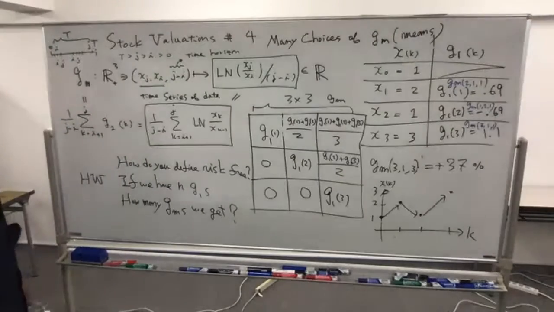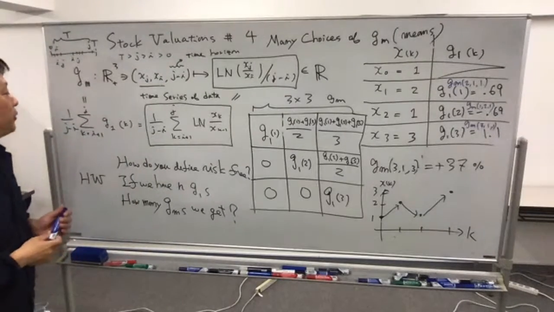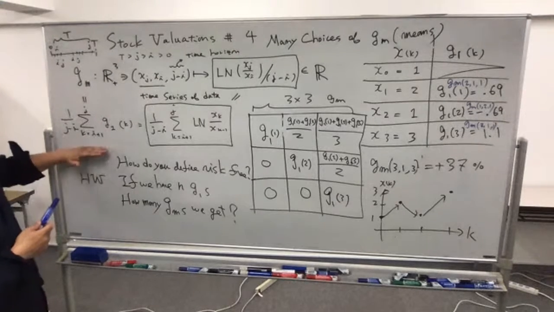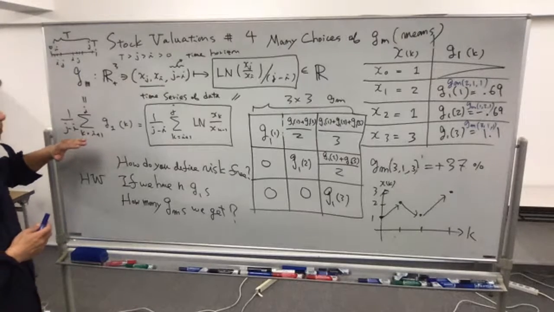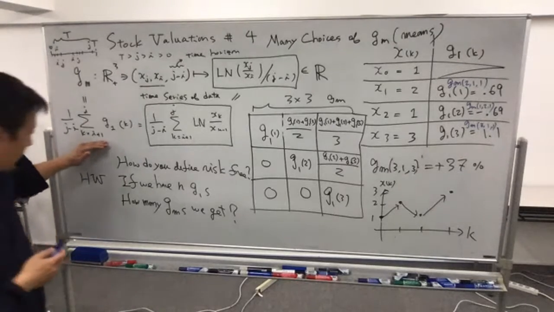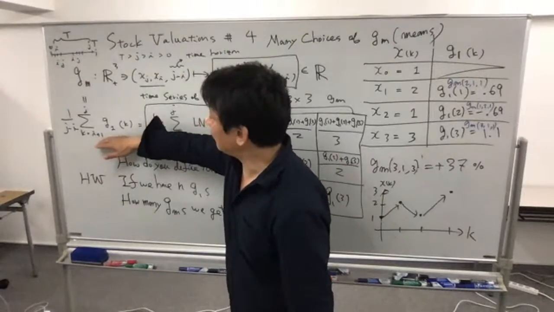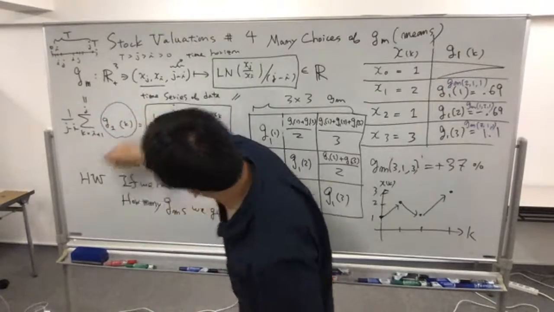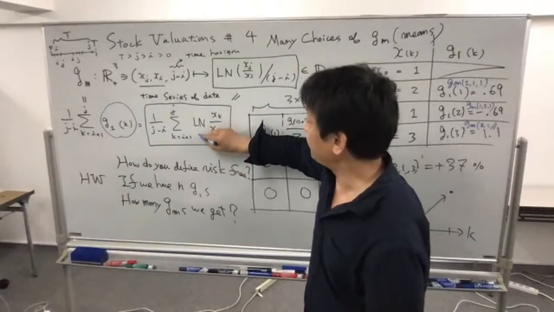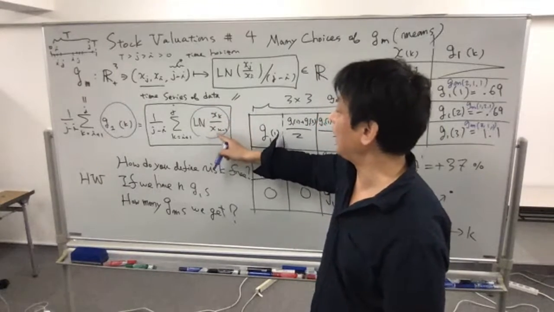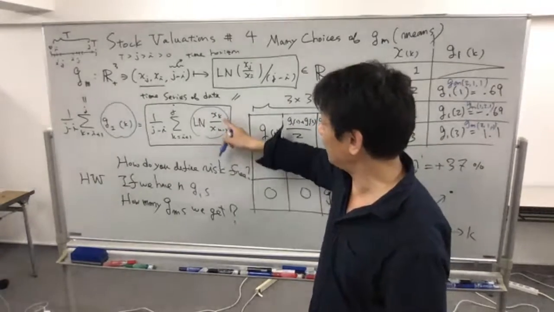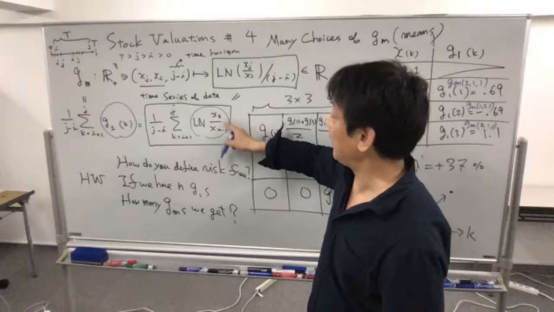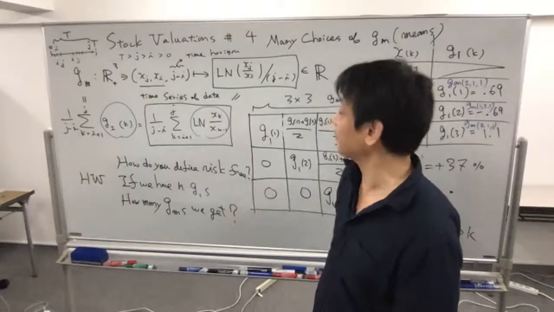And why do we introduce continuous growth rate? Because calculations are much easier. Here we have G1 continuous. What's G1 continuous? It's ln xk over xk minus 1, the values between a unit time of 1.